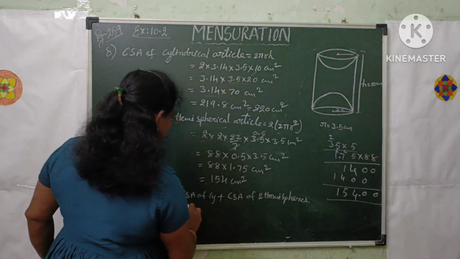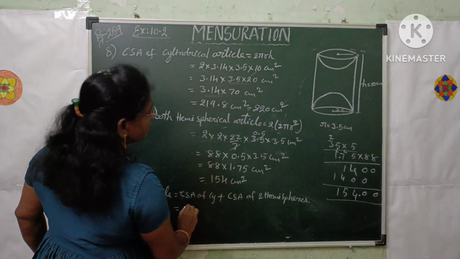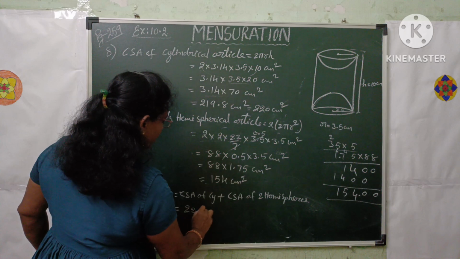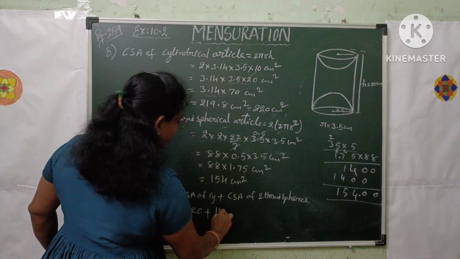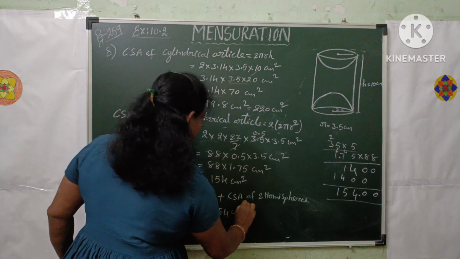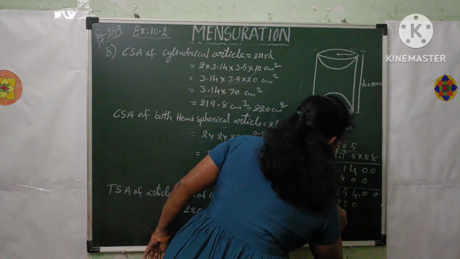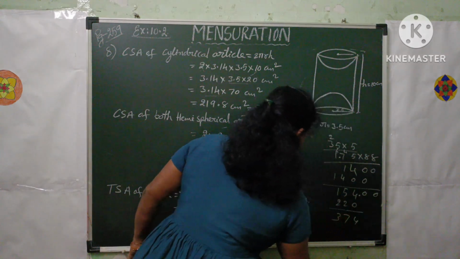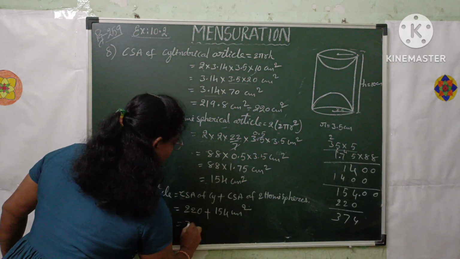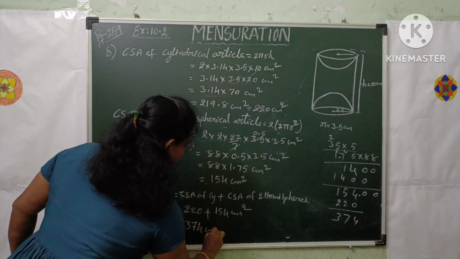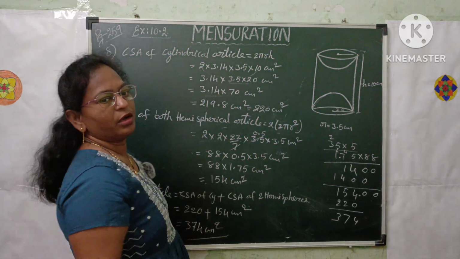That is equal to how much? 220 plus 154 centimeters square. Then we add 220 and 154, that is equal to 374 centimeters square.